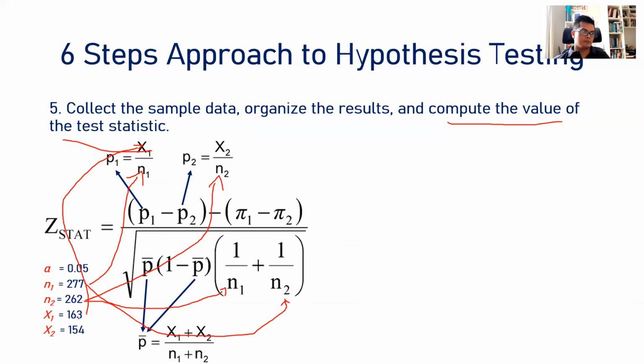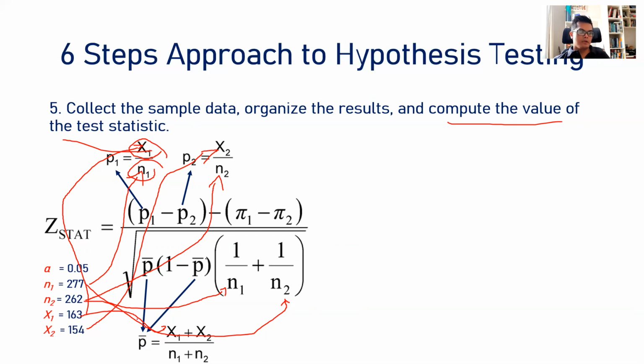X1 we can supply here, and X2 also, the number of Android users in Surabaya. It's not that difficult, because x1 and n are already there, and all the variables can be calculated.